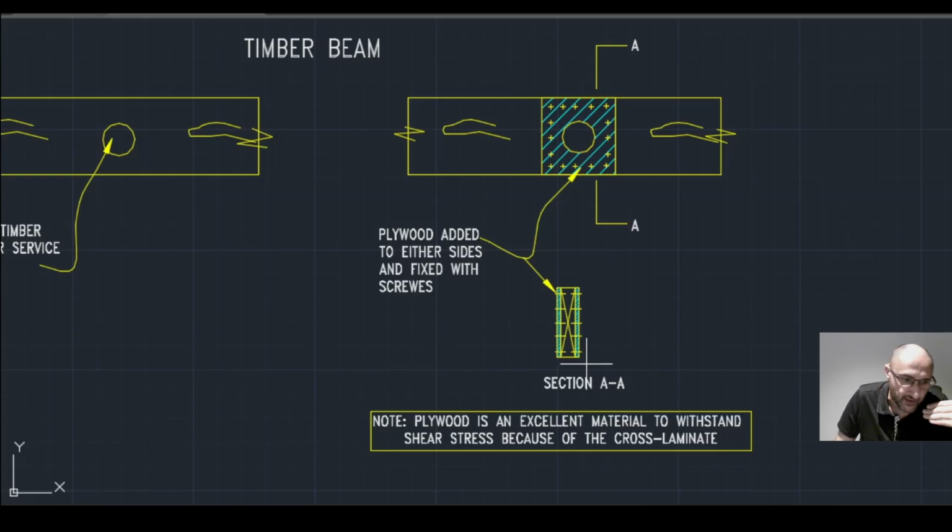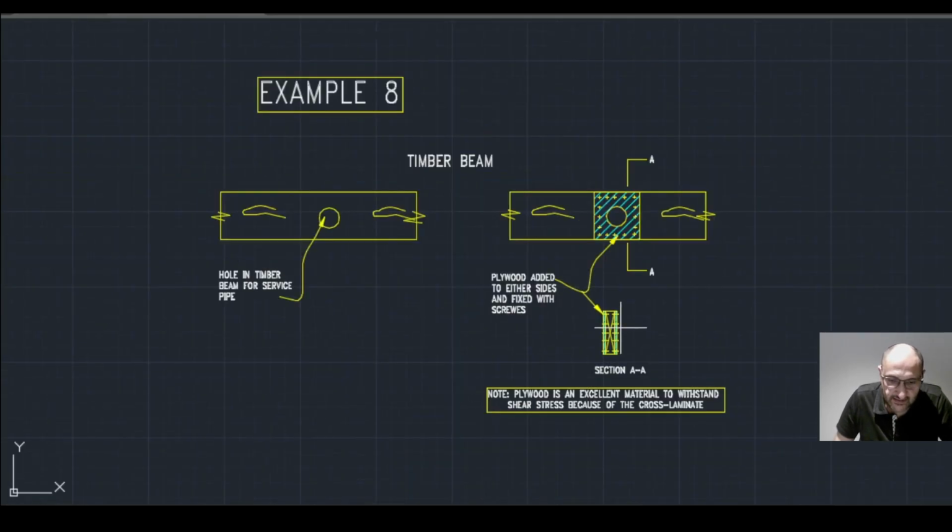Again, bearing and tension perpendicular to the grain is an issue, especially with large loads and large diameter bolts. So if you are using bolts, then just make sure to check for these design actions. So they are just some examples, but there are so many more that we can talk about.